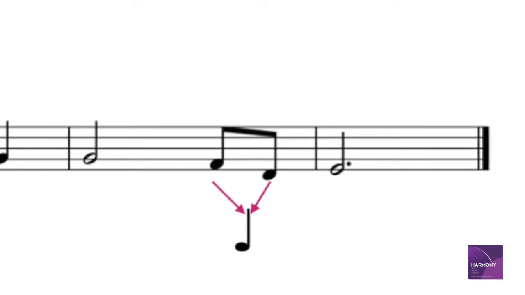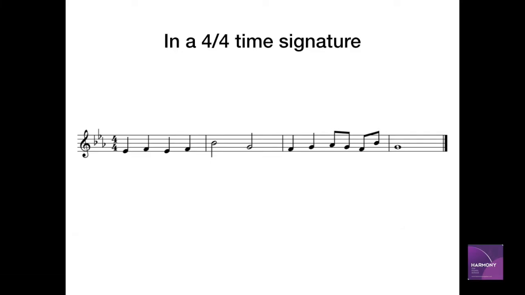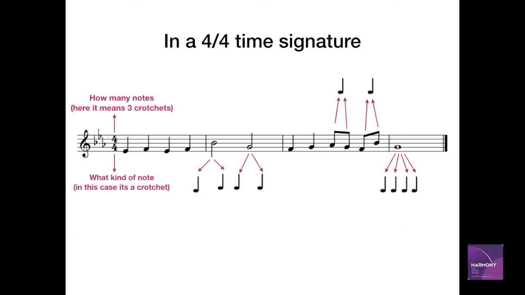That's important. Now for 4/4, which is also called common time, I have to have 4 crotchets or 4 quarter notes in each measure, because remember, the top number tells me how many and the bottom number tells me of what type of note. So 4 crotchets in a bar or 4 quarter notes in a bar.